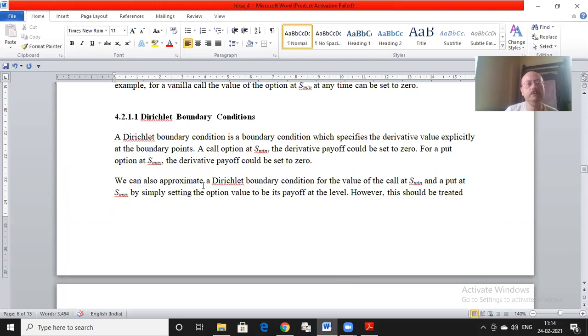So we can also approximate a Dirichlet boundary condition for the value of the call at minimum or a put at maximum by simply setting the option value to be its payoff at that level. So we can say that, okay, let us calculate the payoff at that level.